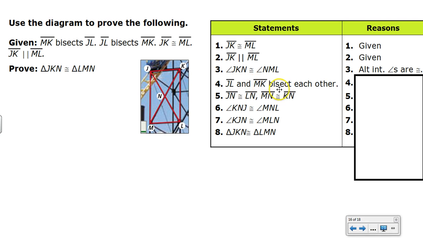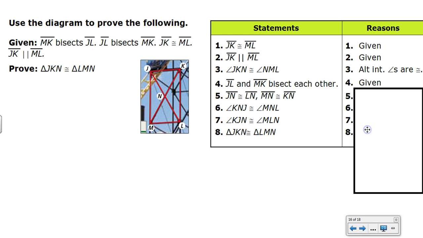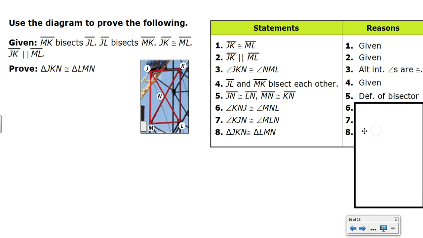JL and MK bisect each other. And we have that as given information, right? Since they bisect, JN is congruent to LN, and MN is congruent to KN. That's our definition of bisectors.